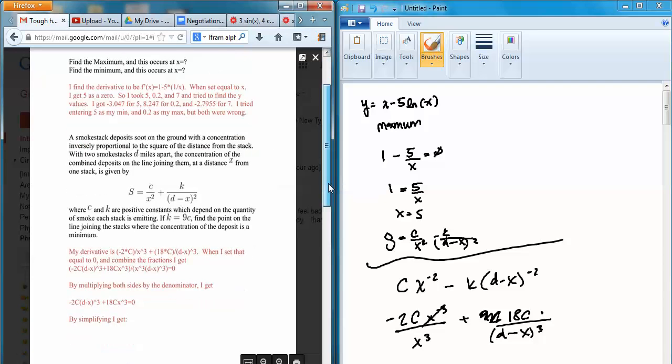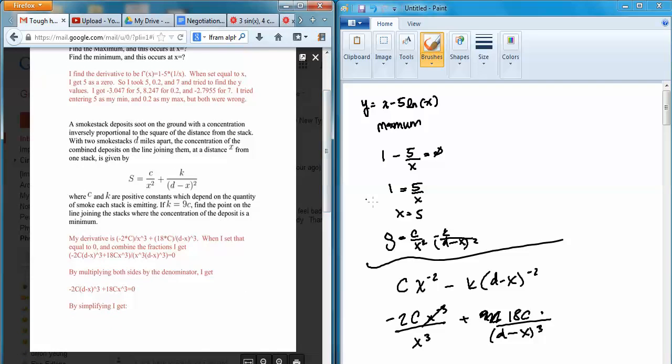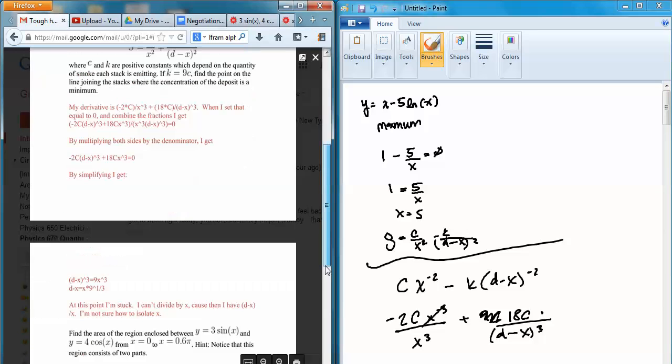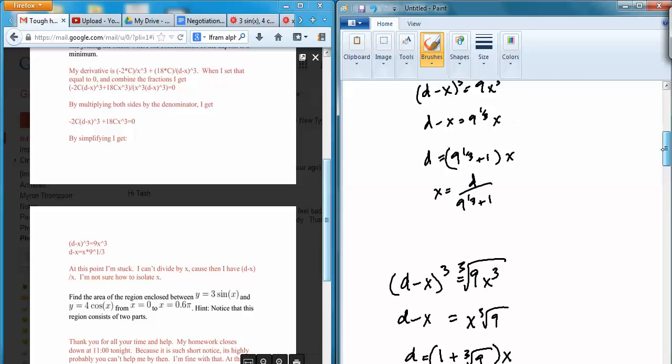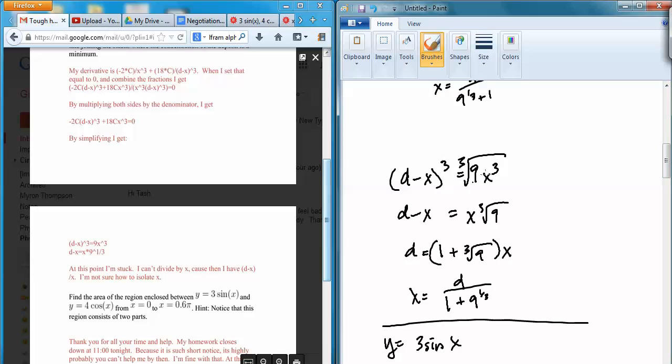For your second one, your problem was your algebra. You pretty much got the answer except the last part. It's a small mistake, so I'll show it to you real quick. I have it written over here. You start off with d minus x cubed equals 9x cubed.